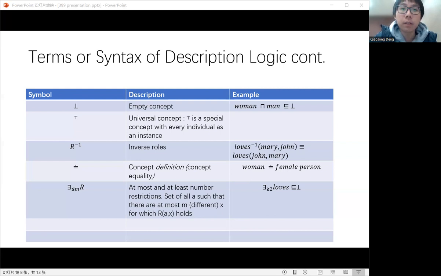The example given means that if a person loves at least two people, then this person belongs to the empty concept. So you can find that nobody can fall in love with more than one guy.